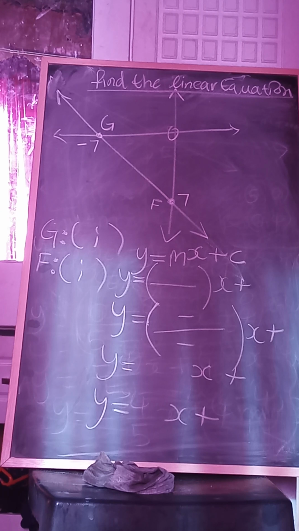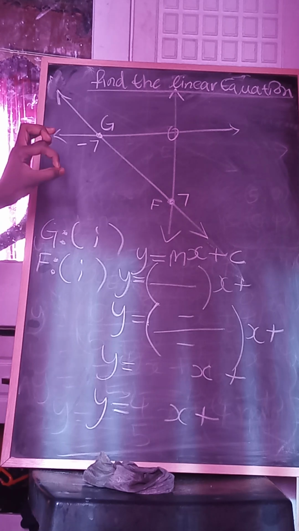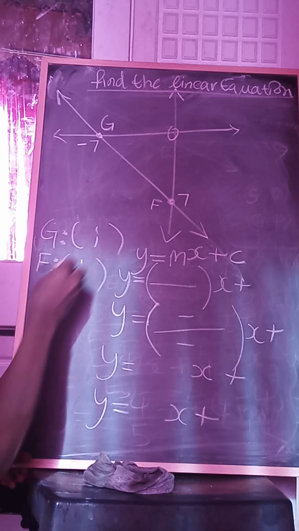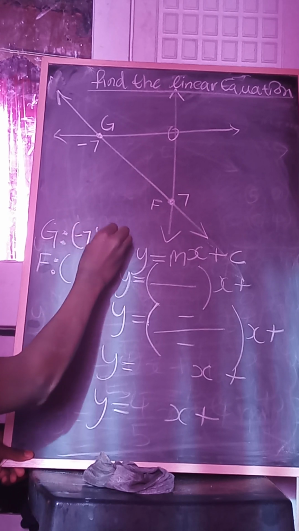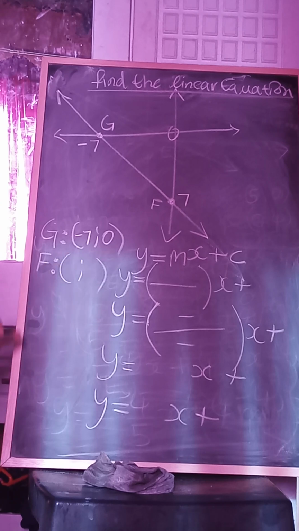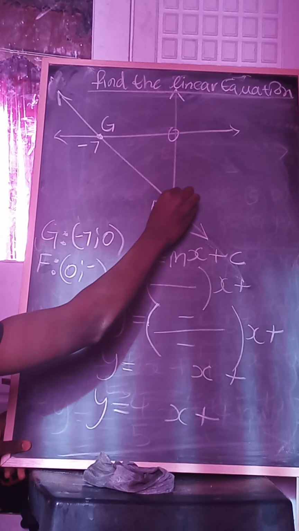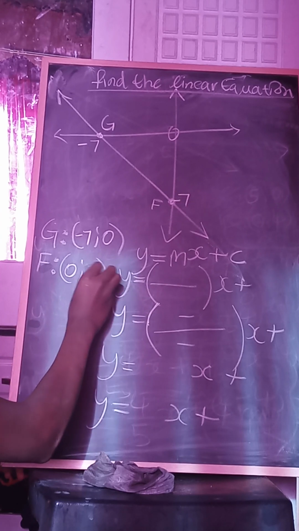Now you need to find the coordinates of G and F. So let's get onto it. On the y-axis we have 0, and on the x-axis we have -7. So it's (-7, 0). Then here obviously is 0, and oh sorry, it's -7 here and -7.